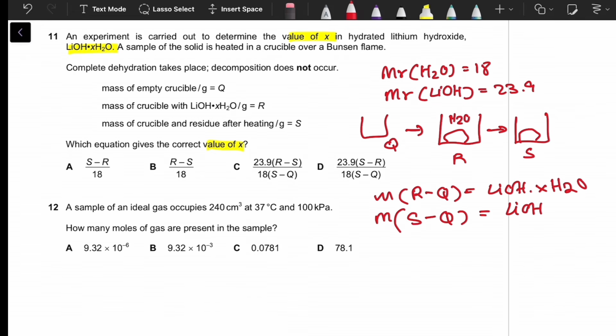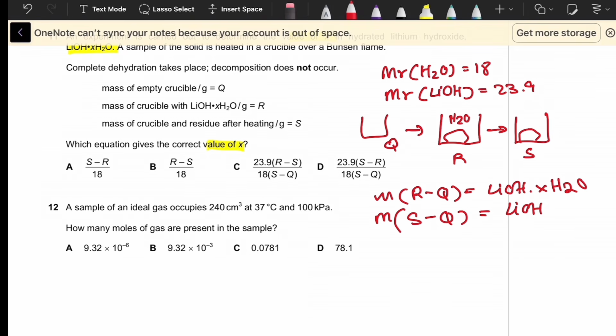The mass of water lost would be R minus S, because that is when the water had left.